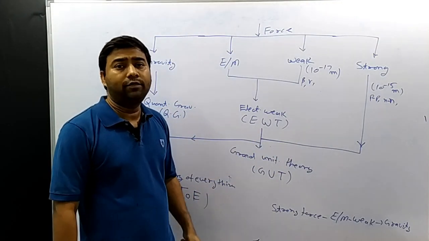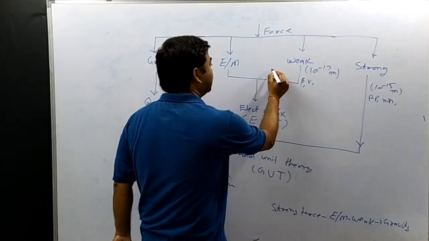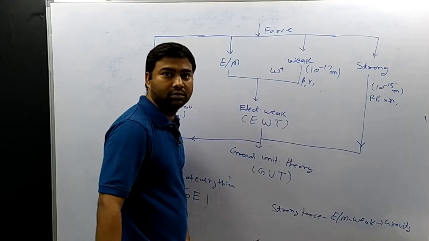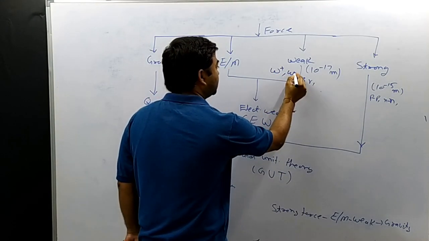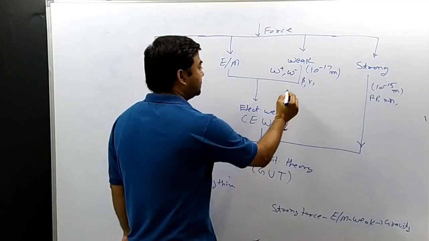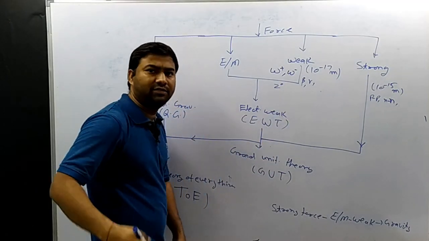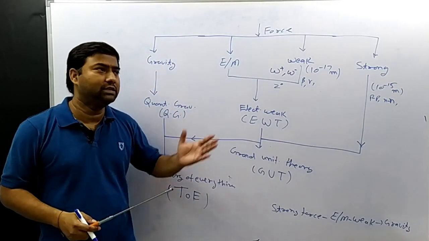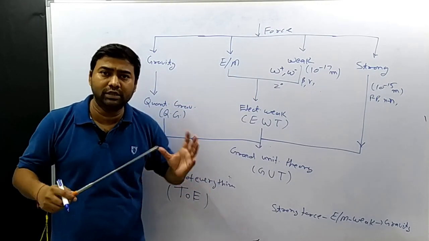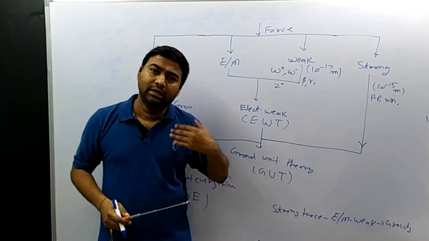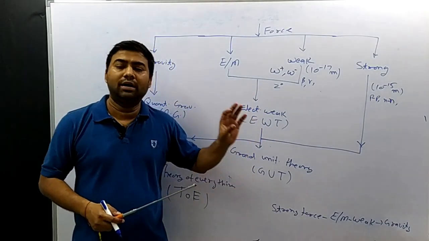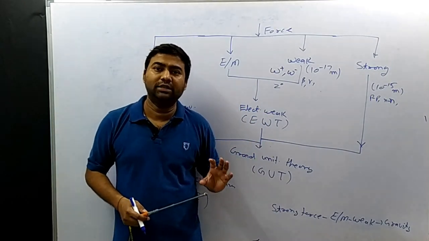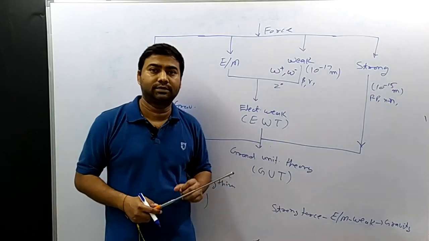So interaction of boson particles like W plus boson, W minus boson, Z0 boson, there are different types of bosons classified. Based on the type of interaction, a certain type of gamma or beta is emitted from radioactive nuclides.